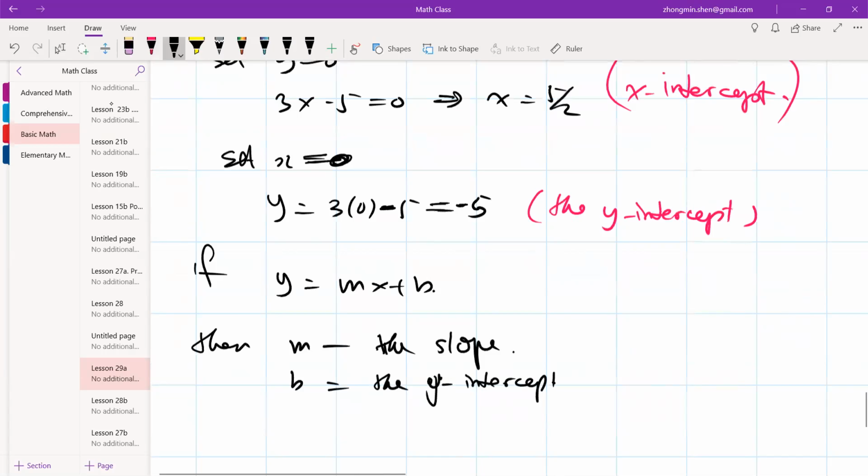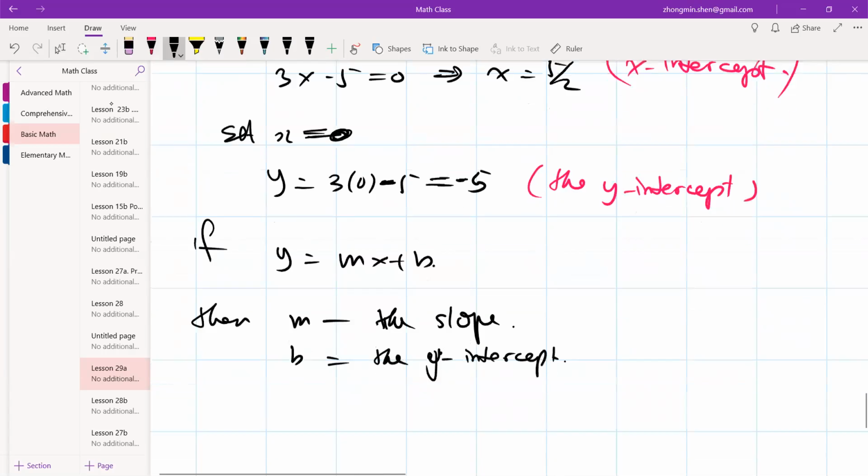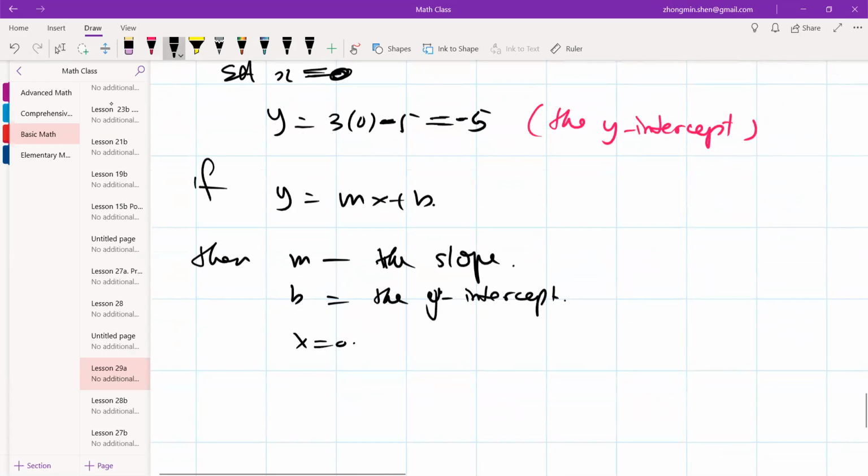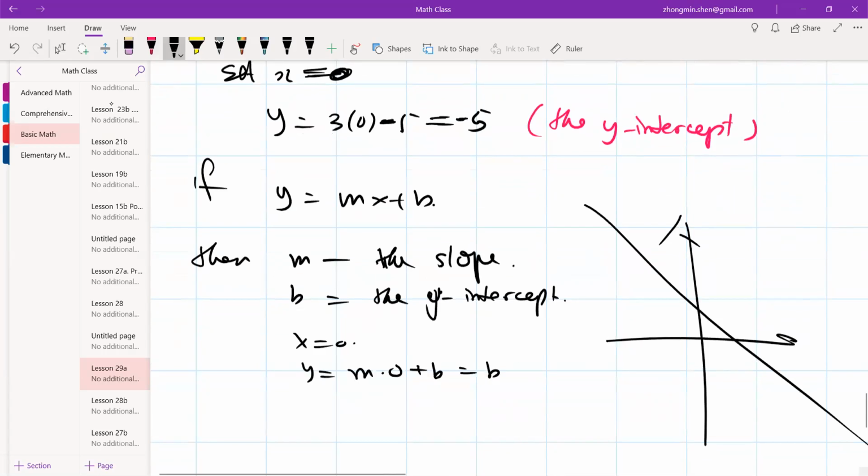You can let x be 0, and y is going to be m times 0 plus b, which is b. Right? So this is a picture. A line could be in that form, and that's b.